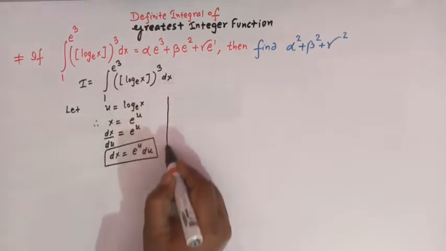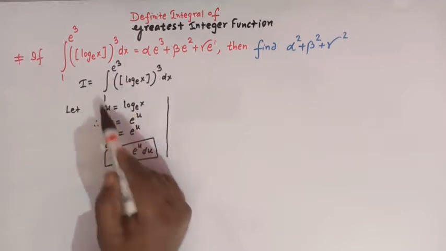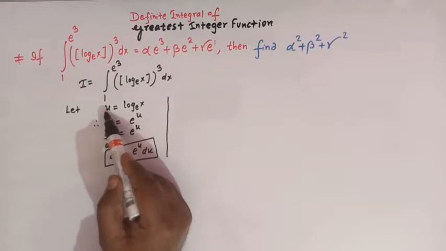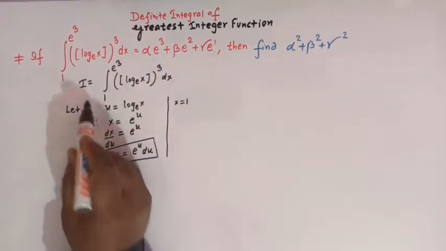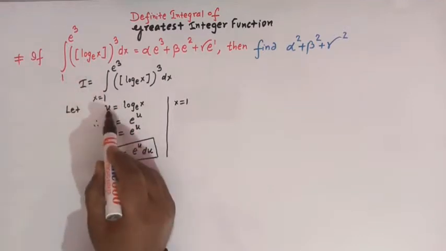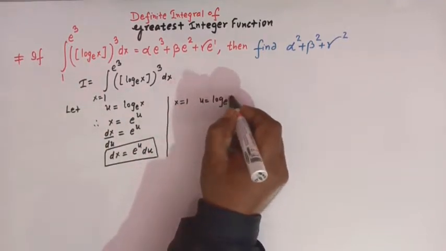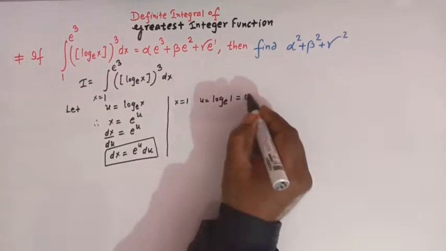Now we'll change the limits accordingly, because we are changing the variable from x to u. When x is equal to 1, then the value of u is log 1 to the base e, which is 0.